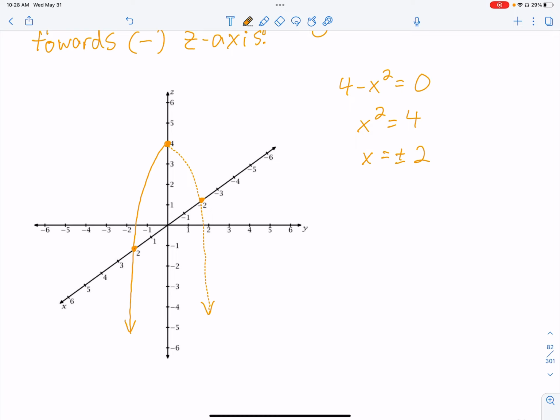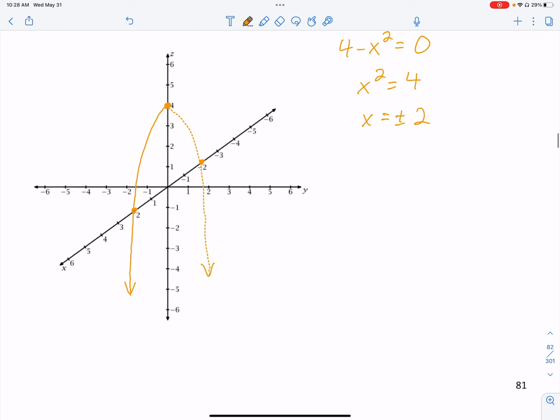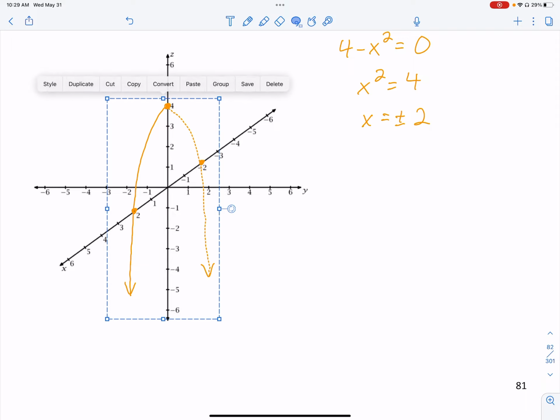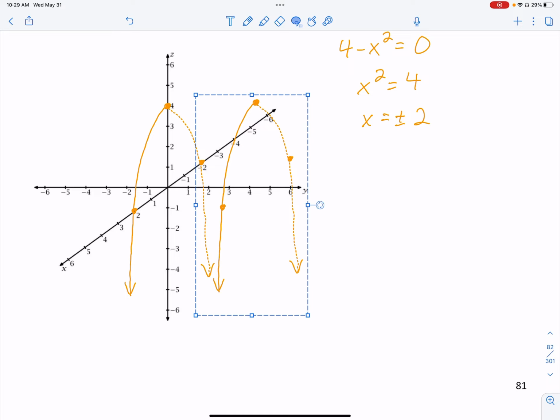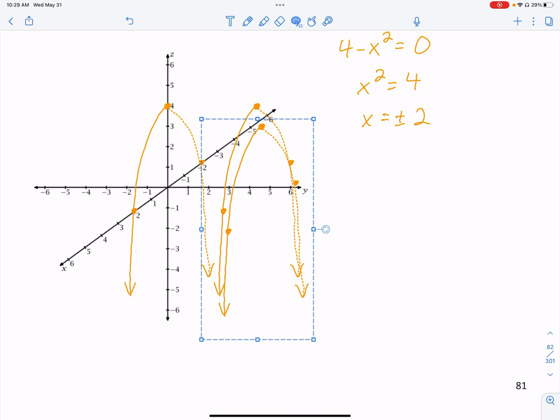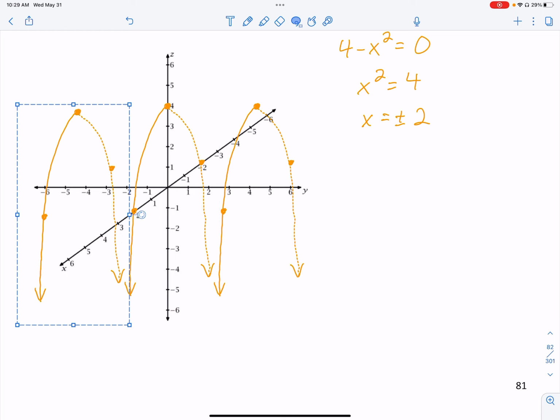I know this parabola is on the xz plane, even though it's kind of hard to see in 2 dimensions. So I'm going to put a whole other parabola, using a trick to help see it correctly. I'm going to duplicate this and put it right along with it.